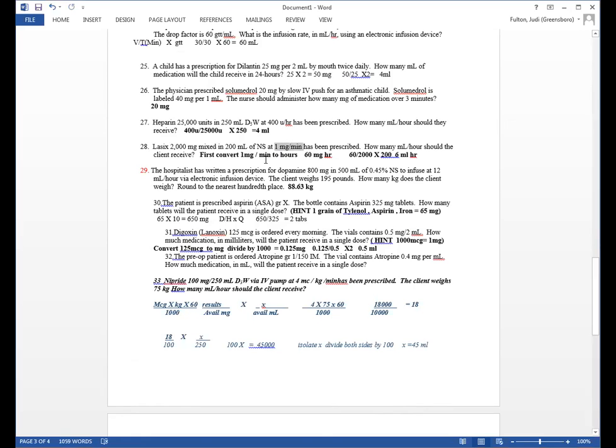So 1 milligram per minute, but we know we run the pump in what? Hours. So 1 milligram per minute, we have to multiply by 60 minutes. So for an hour, we're going to give 60 milligrams. You take that and set up the problem as usual. It becomes a DHQ problem. You do 60 divided by 2,000 milligrams times your quantity, which is 200 milliliters, which gives us 6 milliliters.